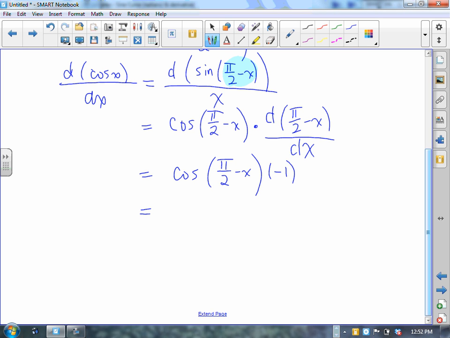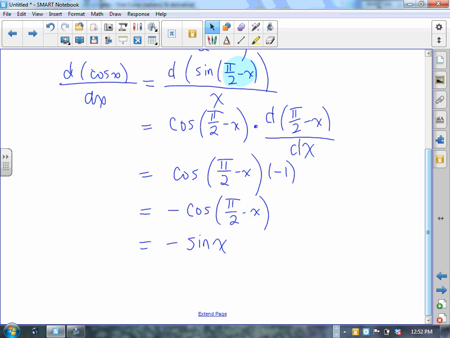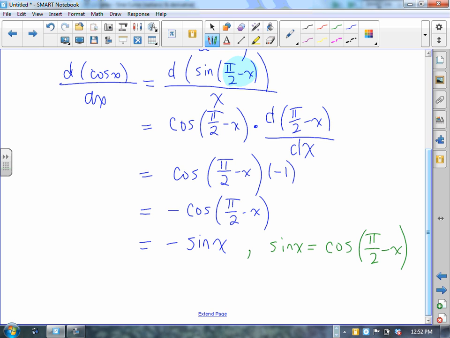So what we have now is minus the cosine of pi over 2 minus x, which is also equivalent to, wait for it, because here it comes, the cosine of pi over 2 minus x is also equal to the sine of x. Because there is also a little known fact that the sine of x is equal to the cosine of pi over 2 minus x.